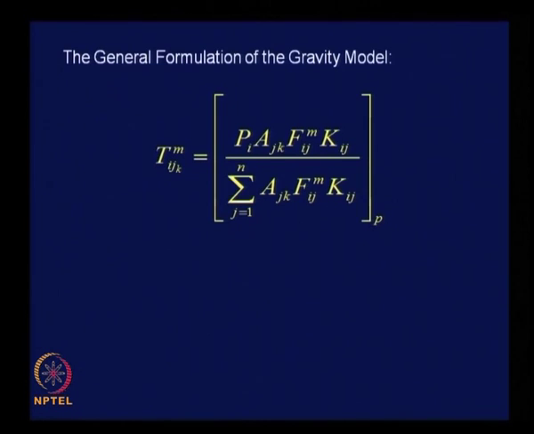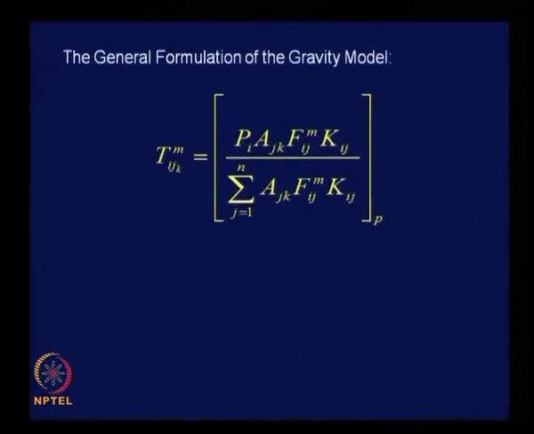The general formulation of the gravity model, very general formulation, we are trying to generalize it further, can be written like this. Please note, we have written Tijk, there is one more subscript, and we have introduced a superscript for T. In fact, it is Tmijk is equal to Pi Aj.